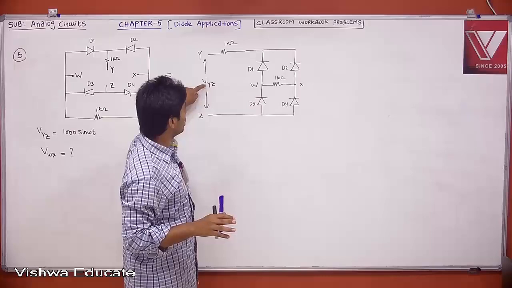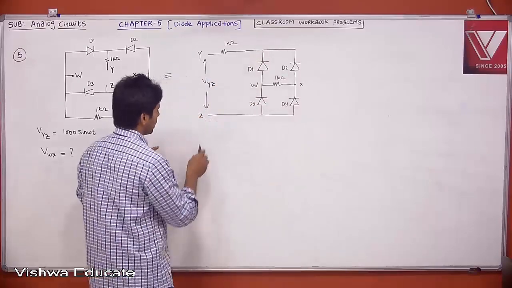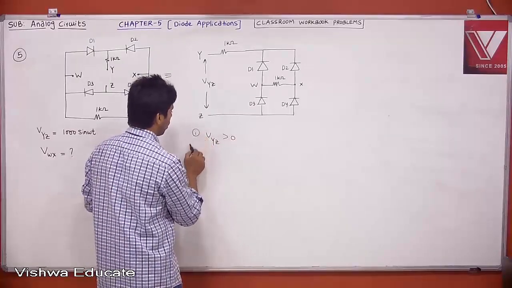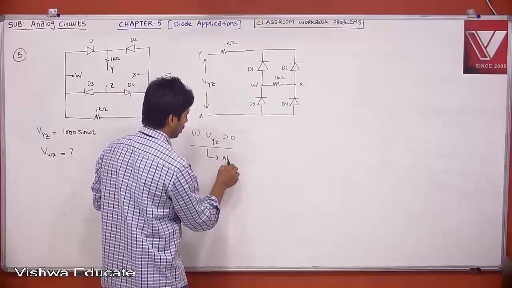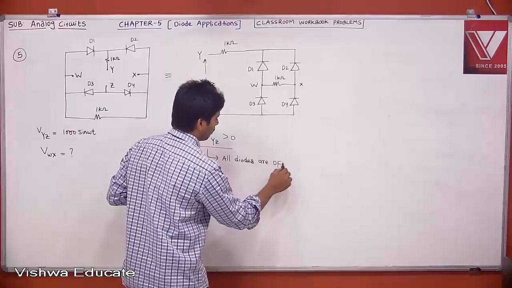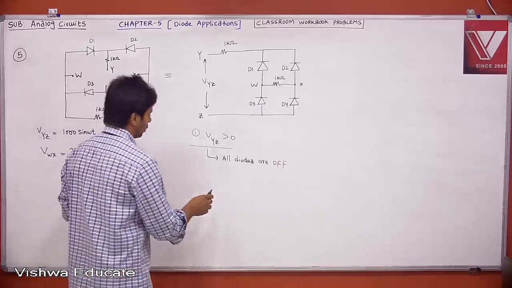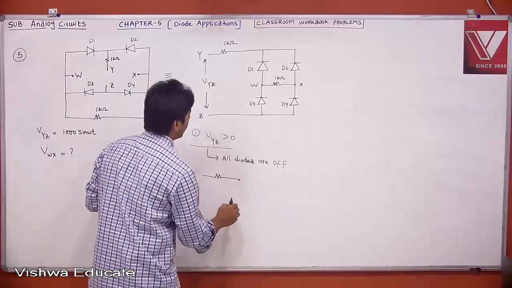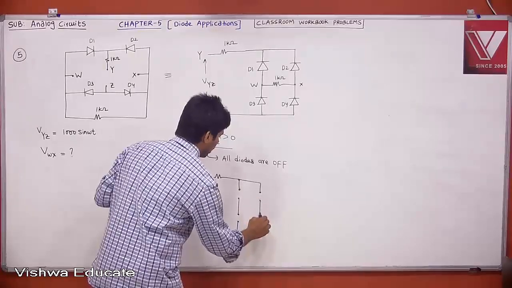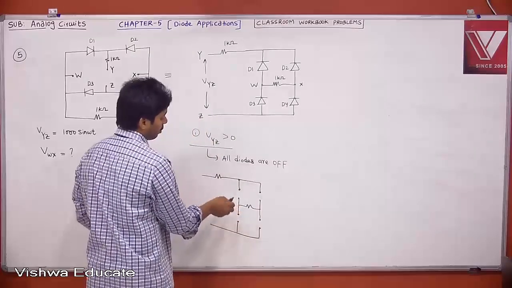If VYZ is greater than 0, all diodes are off. When all diodes are off, all are open and there is a resistor. I can say the resistor is floating. What is the voltage? 0.